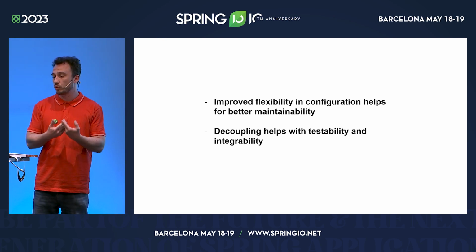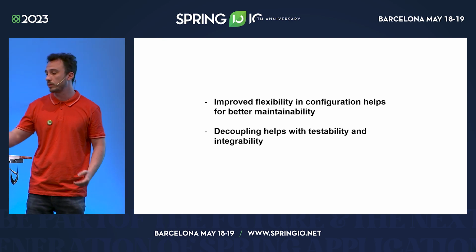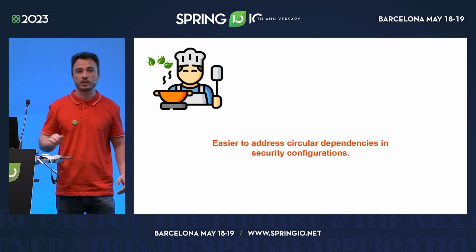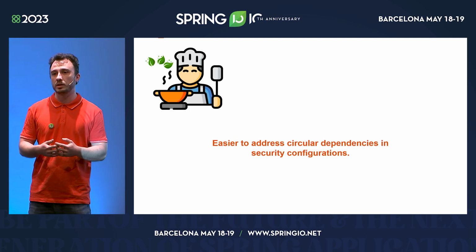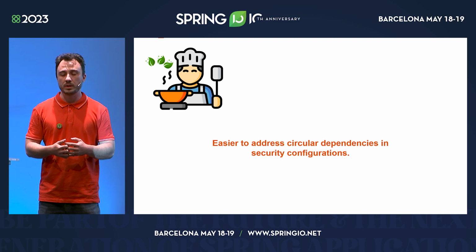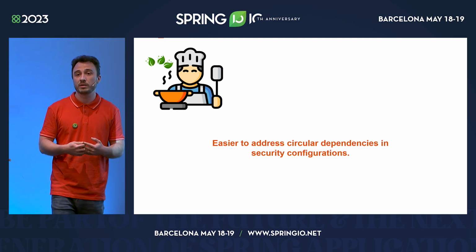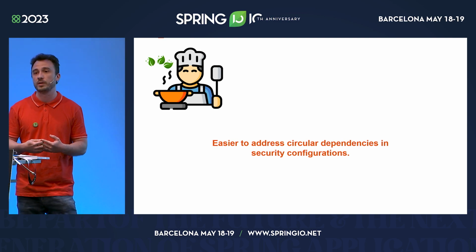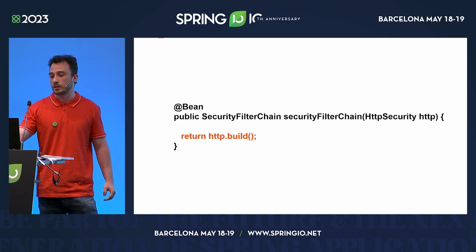It's much easier to decouple the configuration, and of course it's much easier to test the configuration. And whoever tried to make more complex configurations with Spring Security in the past might have run into circular dependency issues, and with having beans instead of extending stuff, it's a lot easier to get rid of those as well. So that's one of the points.